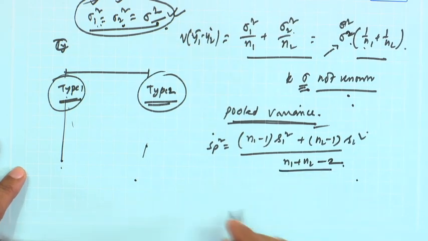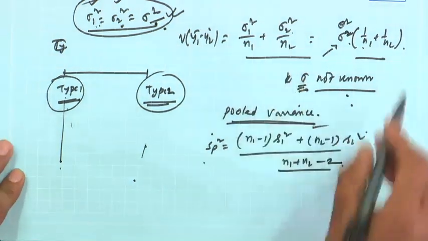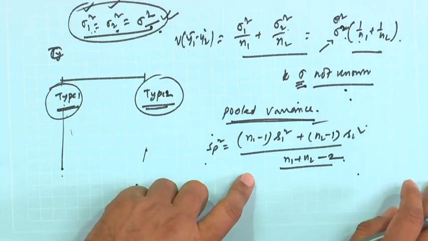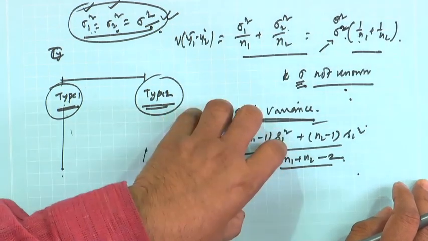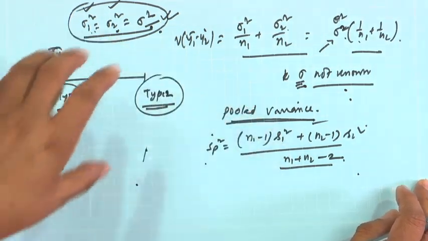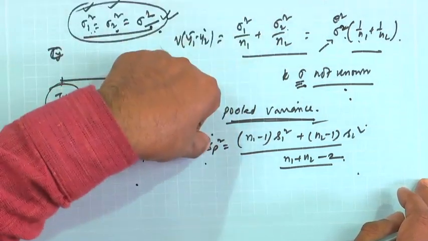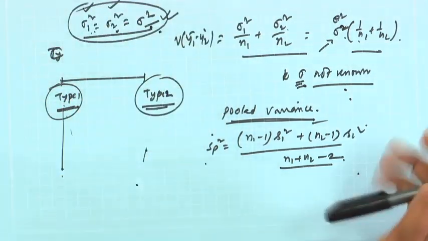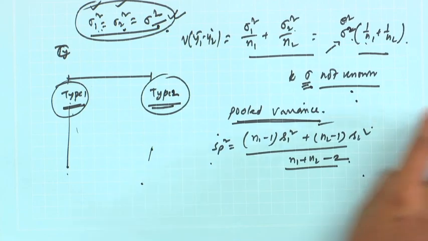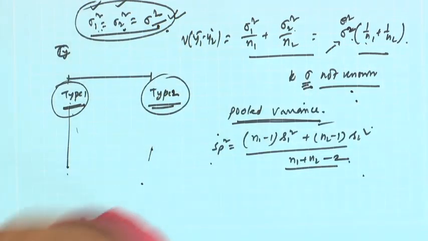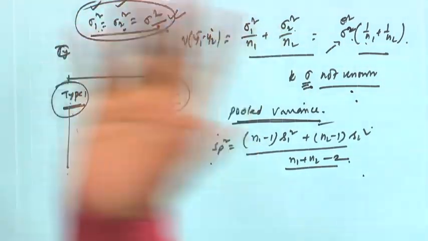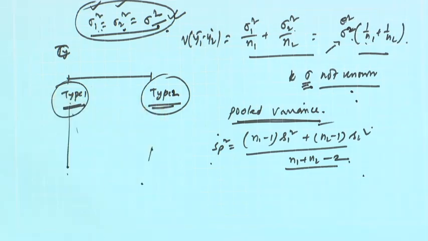Now, this value is known. Once this value is known, and as sigma is not known, and many times the sample size will not be large either, whatever, even if the sample size is large, you will use the t distribution, no difference, because for large sample size z and t distribution coincide.